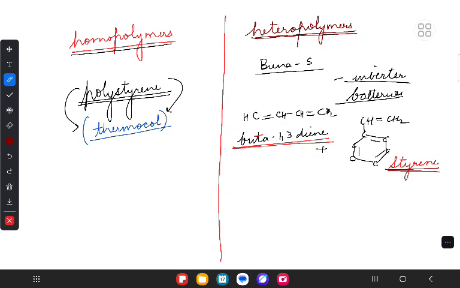Got the point? So when they join together, we have polybutadiene or the natural rubber being formed. Understood?